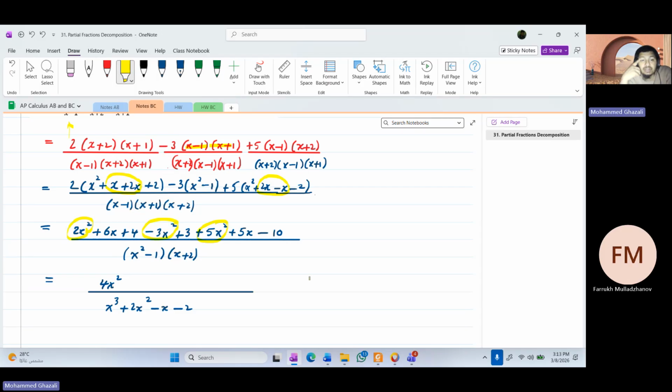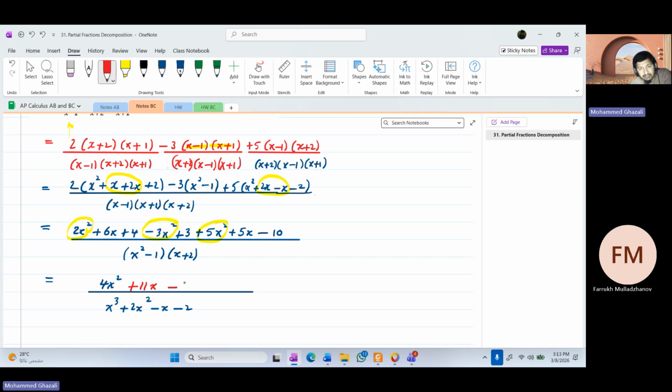So those were the x squared terms. 7 minus 3, that's 4. Then we are left with the x, 6x plus 5x is 11x. All right. Then you got plus 4 plus 3, that is plus 7 minus 10.